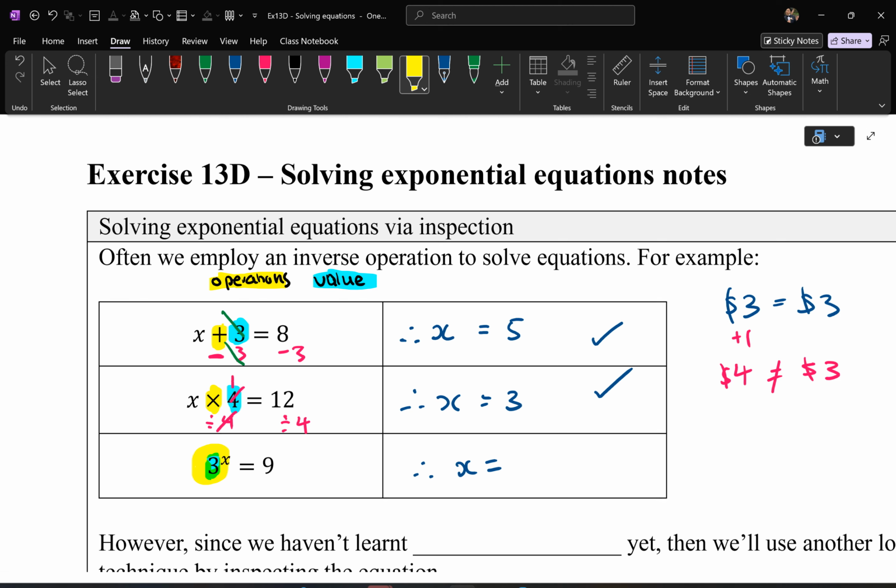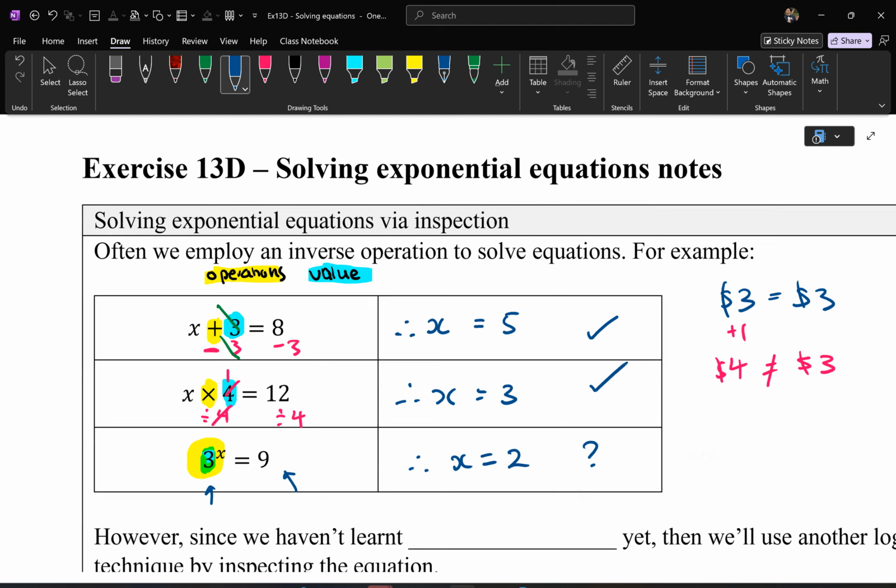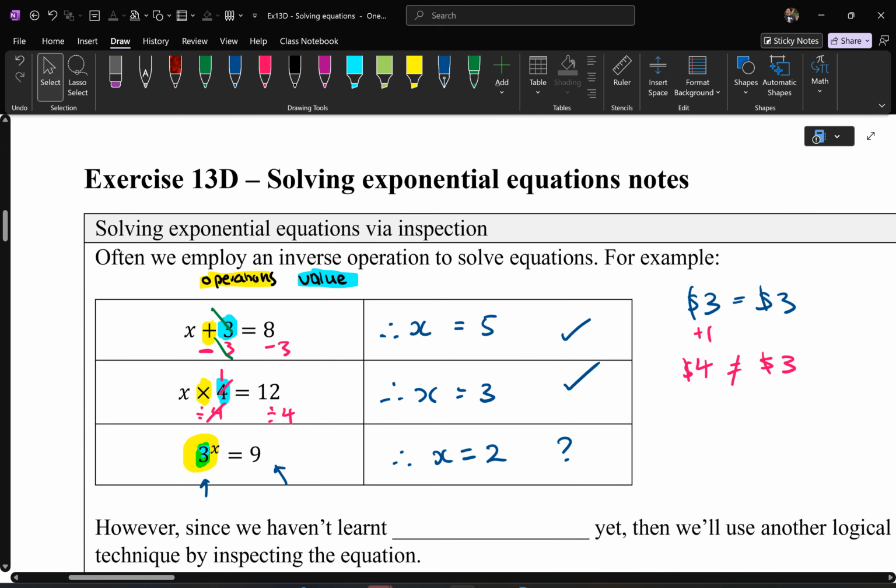But later on, once we learn logarithms, I'm going to come back to this concept so you understand. So now, yes, I do know the answer is 2, but I don't actually have a technique. Notice that there is no technique at the moment, unlike these ones, where there was a technique. So how do you solve it then? If there is no technique, how do we solve for 13D without using logarithms?